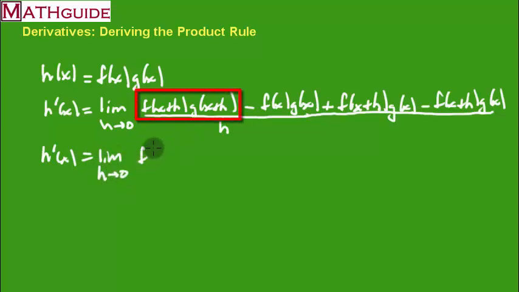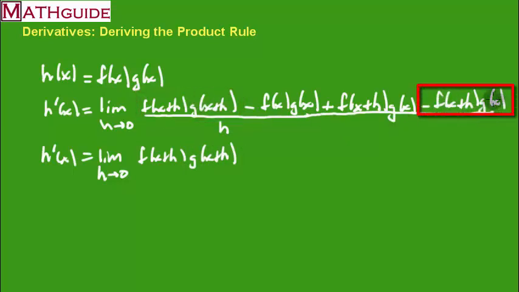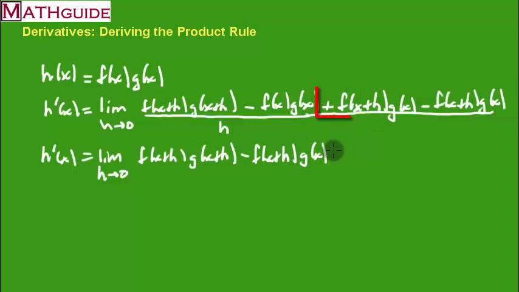So let's leave this first term right where it's at. Now I want to put this subtraction right next to it, then I'm going to put the plus next to it.